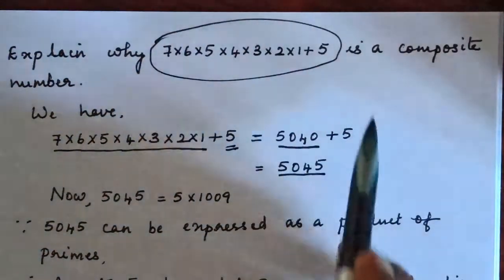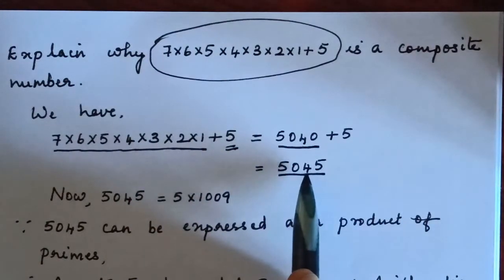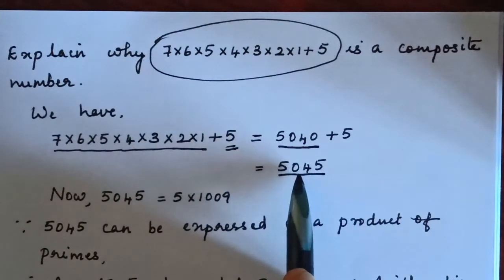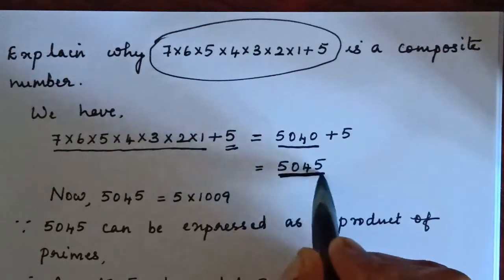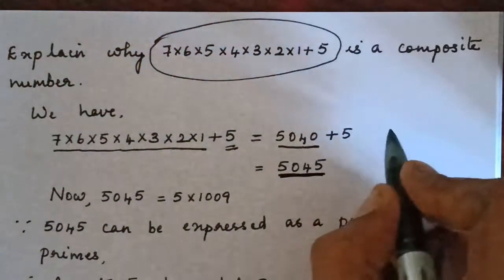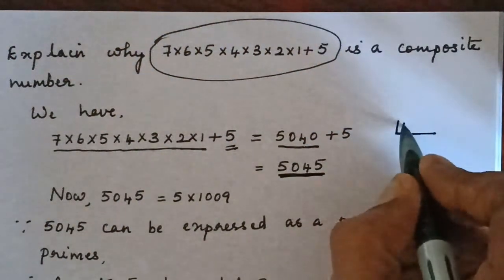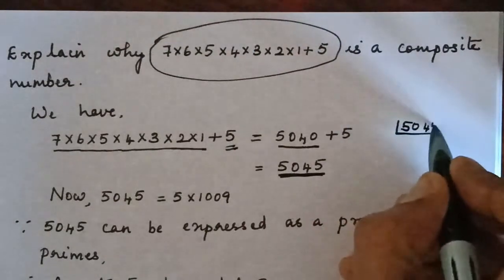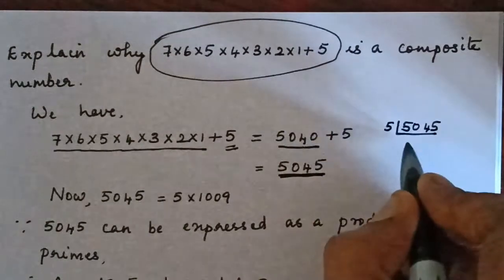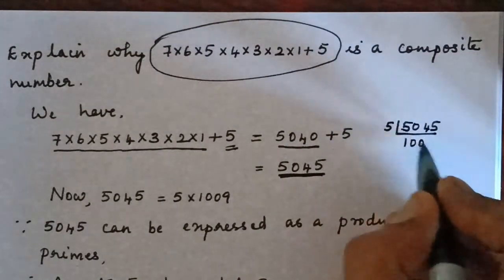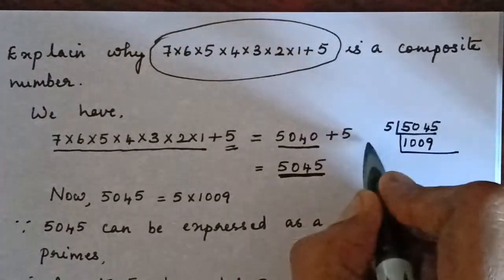So we have to prove that if it is a composite number, we can write it as a product of prime factors. When you do the prime factorization of 5045 and divide by 5, you will get 1009.